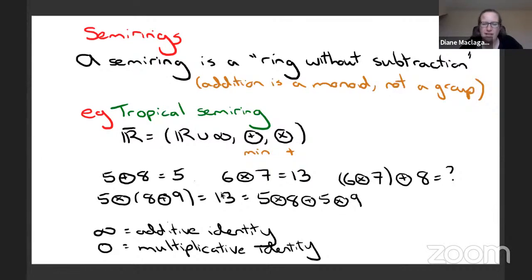So we like multiplication to have inverses. So no subtraction, but yes to division often, because multiplication is usual addition, we are allowed to divide in this case.